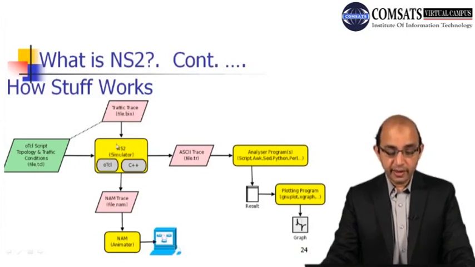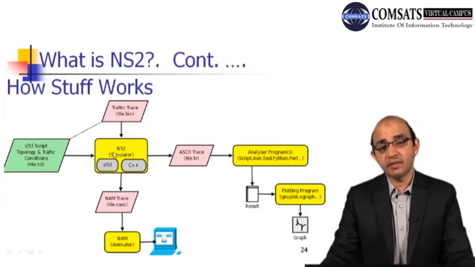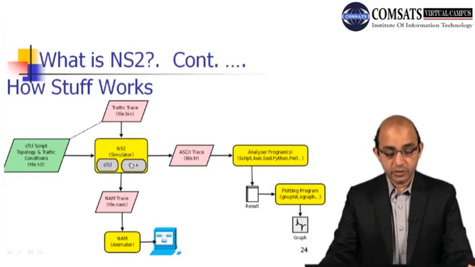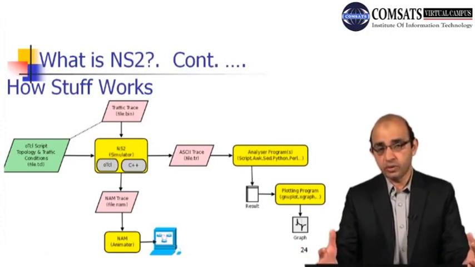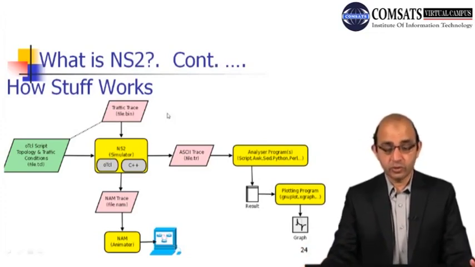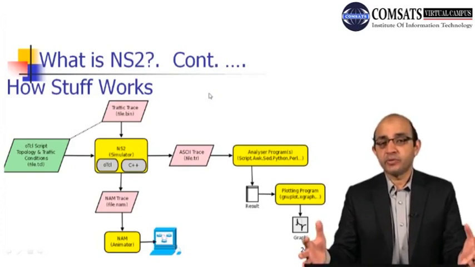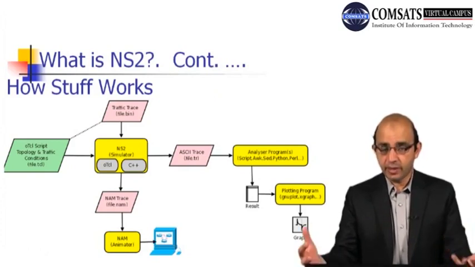That TCL file is calling different functions, maybe different classes from this core, right? And then it's binding all those different functions, classes, and different objects all together, and then it is simulating the actual scenario and the topology.